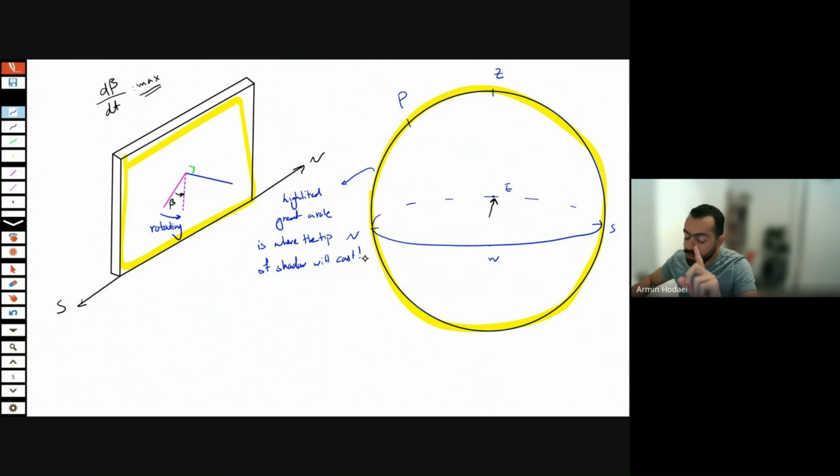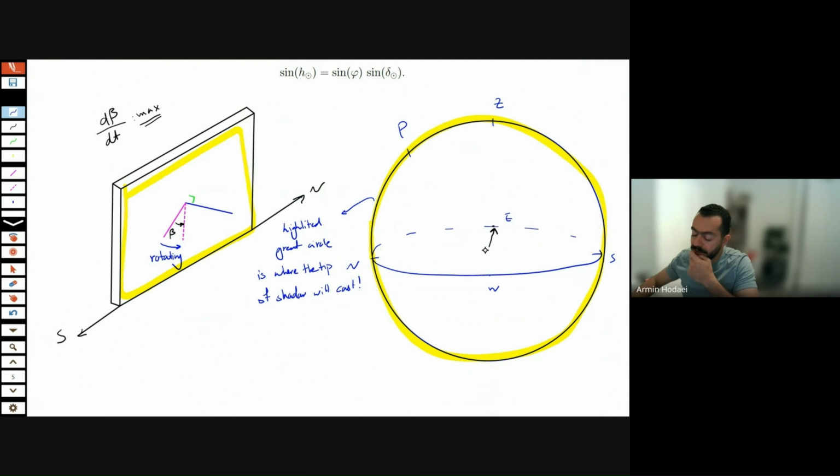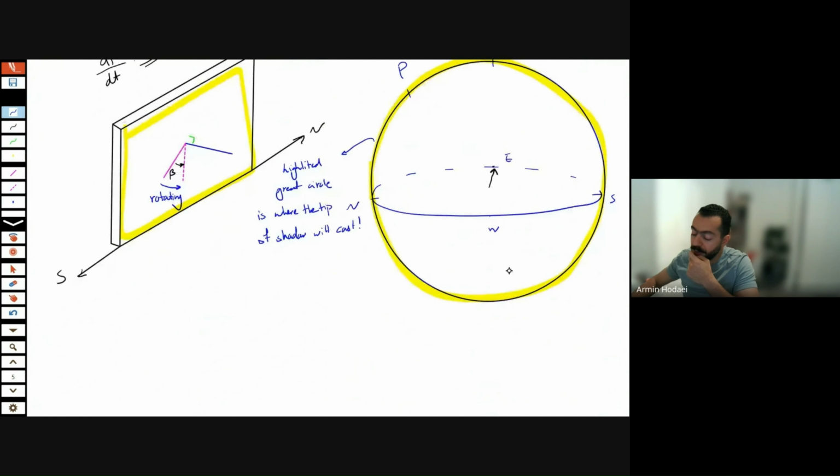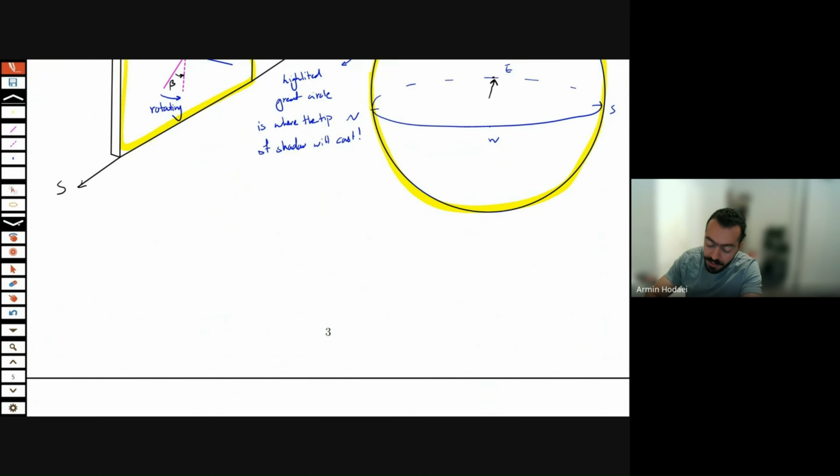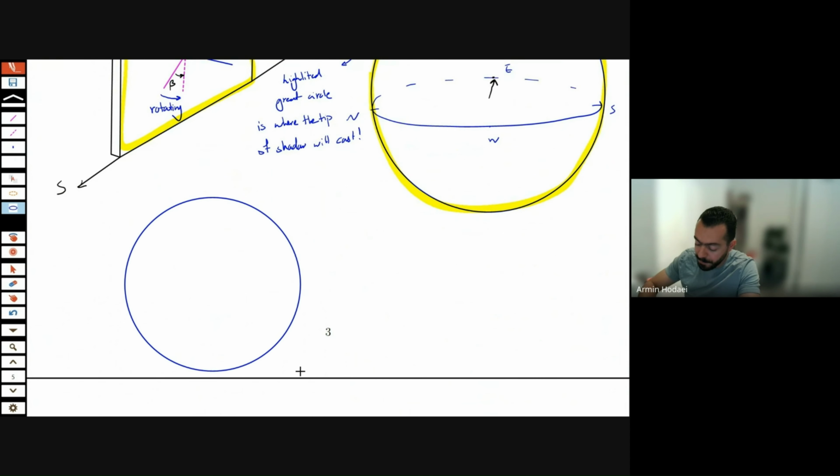I also want to show the sun, and I'm only going to be able to have the shadow whenever the sun is in the eastern hemisphere, right? The sketch which I made is actually showing the western region. So I'm going to do another one that shows the eastern hemisphere.